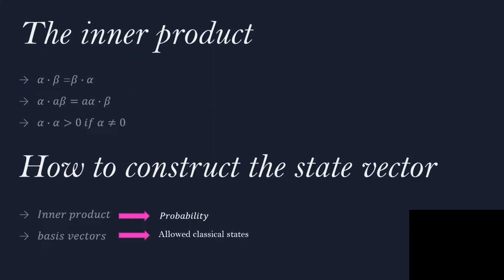So when looking at the state of a system in quantum mechanics, we want to represent the state using vectors, where vectors are something that has a magnitude and orientation. So the magnitude of the vector corresponds to the total probability contained within that state.